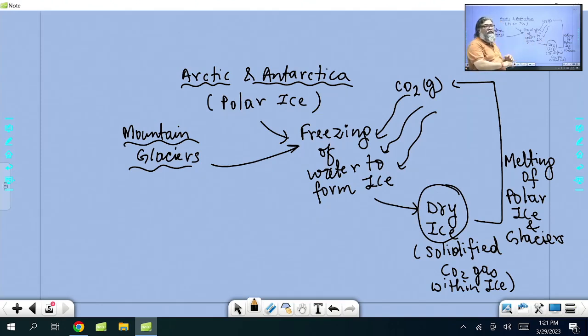It goes to the atmosphere. Within the ice you have solid CO2, and when the ice melts, the CO2 is released back to the atmosphere. This is another part of the carbon cycle, right?